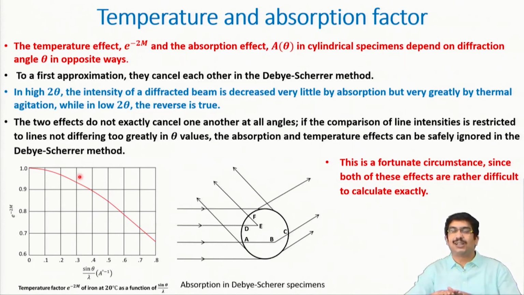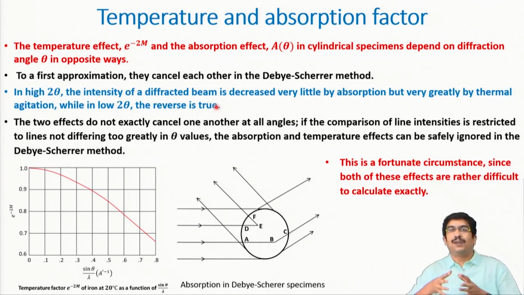In high 2 theta, the intensity of the diffracted beam will decrease very little by absorption, but much more by thermal agitation, while in low 2 theta, the diffracted beam intensity will be mostly decreased by absorption, but not so much by the temperature effect.